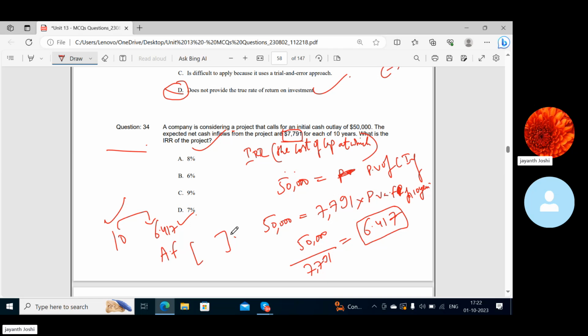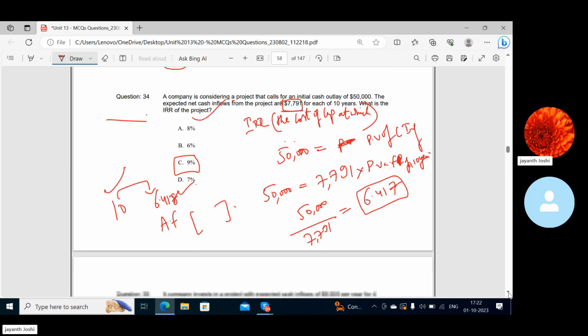Actually, 9% it should be. 6.418, yeah, 6.417. You'll get that only because it will be going on. So 8, 9%, right? Shall we move forward?